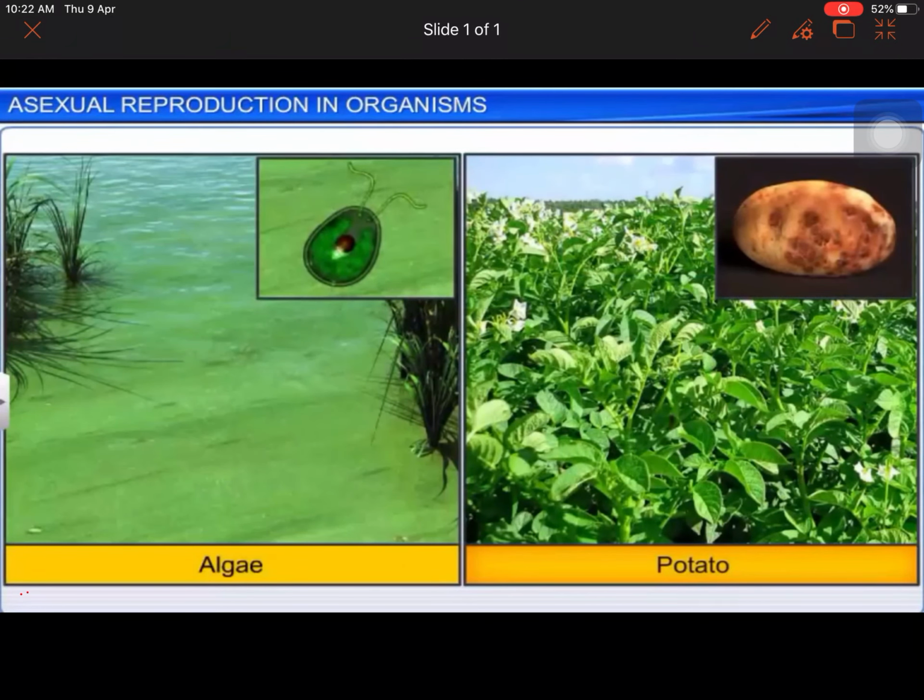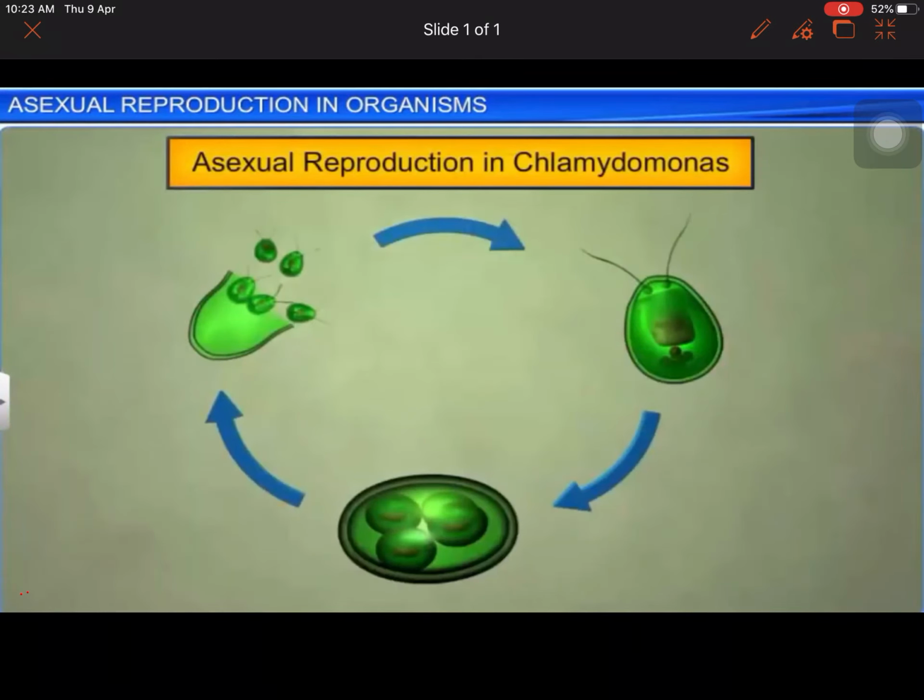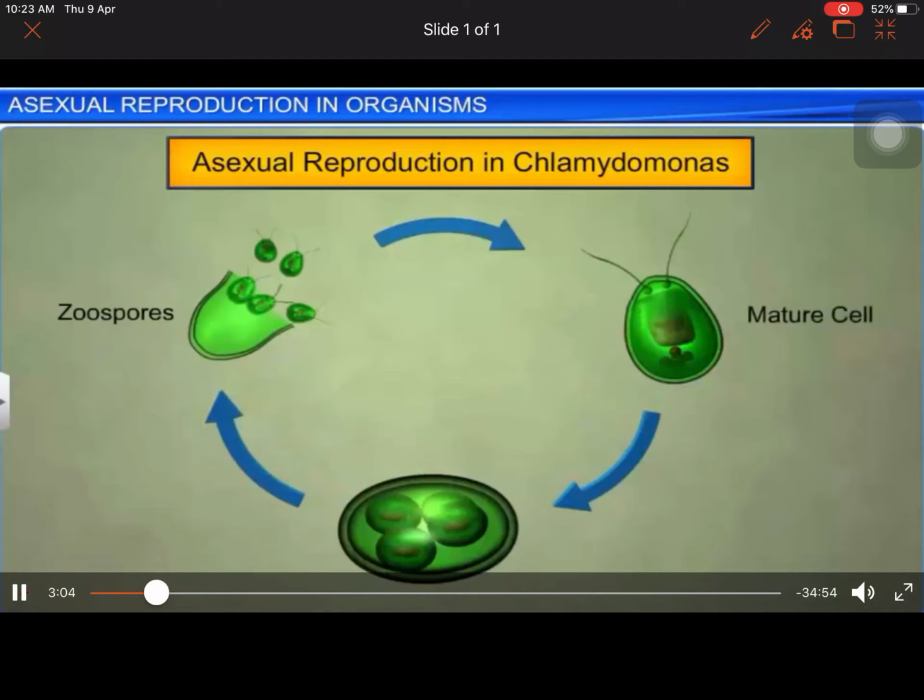Apart from single-celled organisms and animals, asexual reproduction is also seen in simple plants such as algae, as well as in certain higher plants such as potato. For instance, Chlamydomonas, a type of algae, develops zoospores which later mature into new plants.